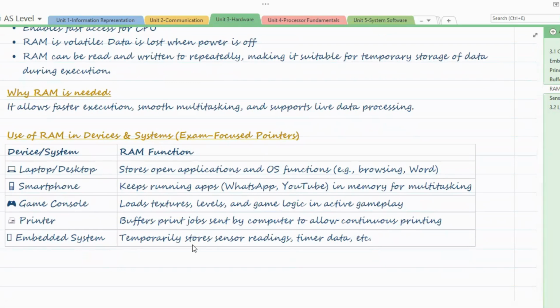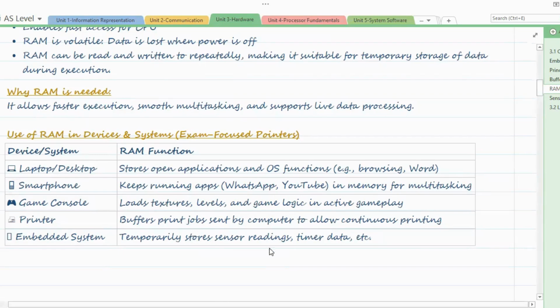Game consoles load textures, levels, and game logic during active gameplay. Printers buffer print jobs sent by computers to allow continuous printing. Embedded systems temporarily store sensor readings, timer data, etc. These are points you need to remember: in a particular system or device, what is the functionality of RAM.